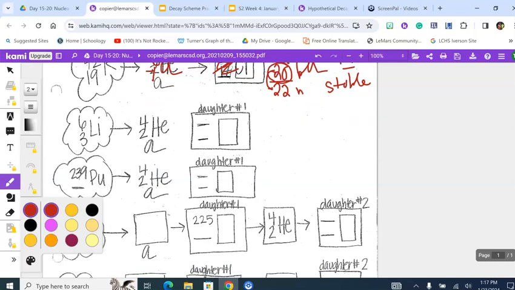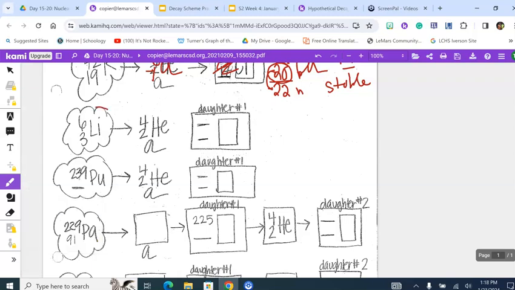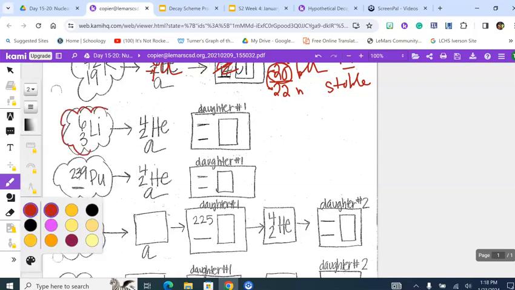If you take a look on the screen, this is my unstable parent. Then it's going to emit, so I've got an arrow, an alpha particle. The alpha particle is going to be that 4,2 helium.